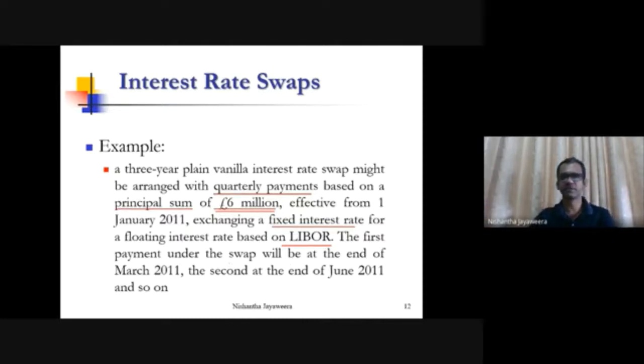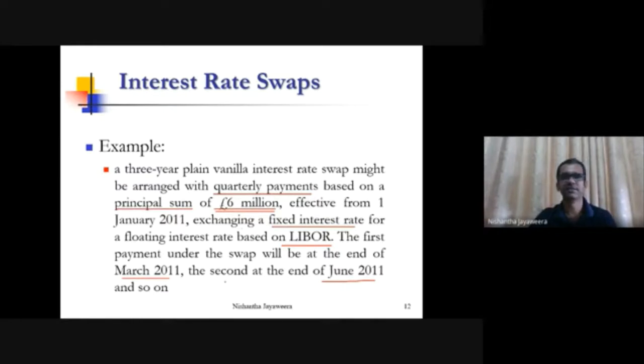So the first payment would be March 2011, since it's quarterly. Then the second is in June 2011. The third one would be September 2011. Likewise, every three months there will be payments for a period that they agree.